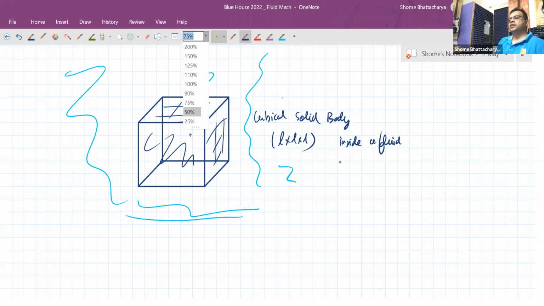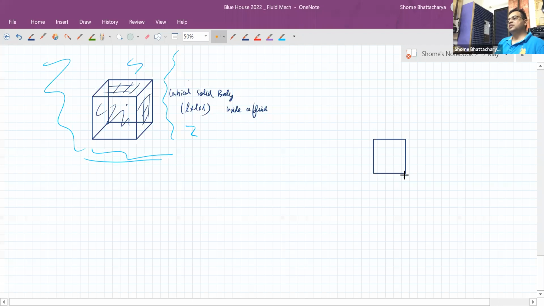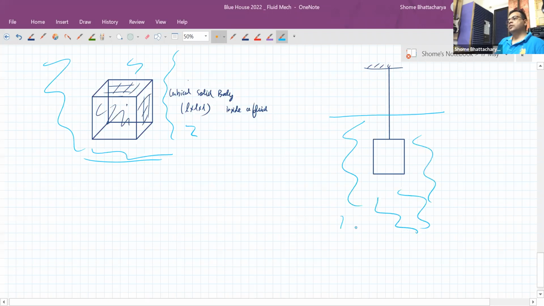How it is placed is just like the previous example. Suppose we have kept this suspended by means of a thread or something, such that it is completely dipped under the fluid level, like this.